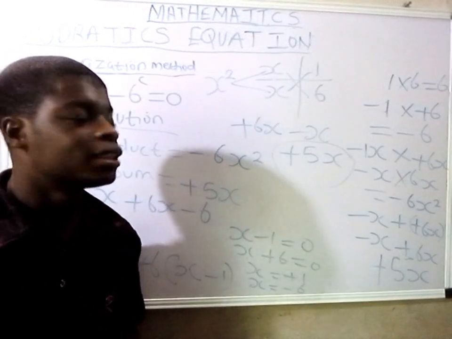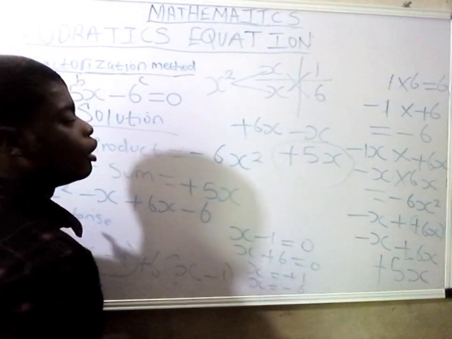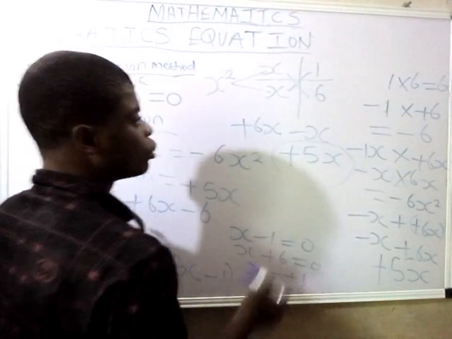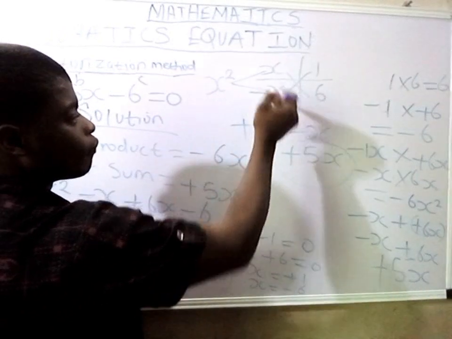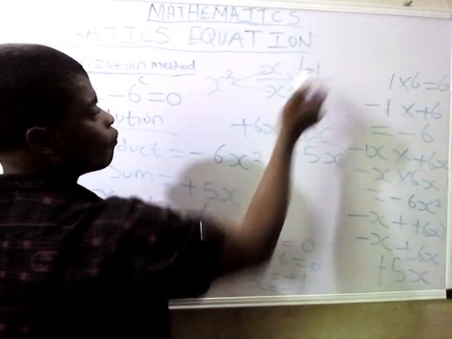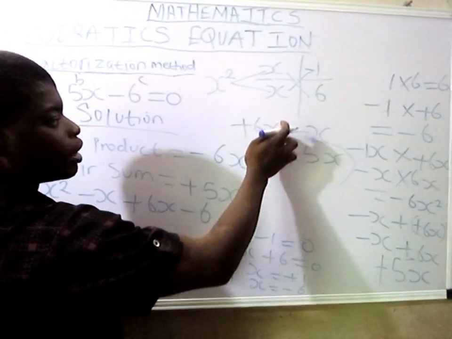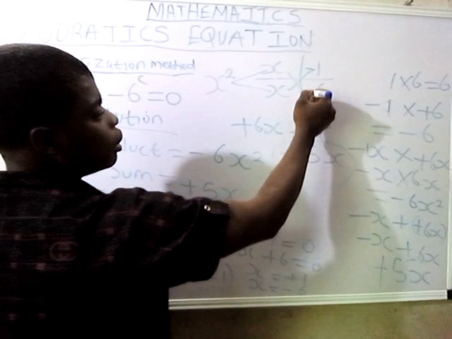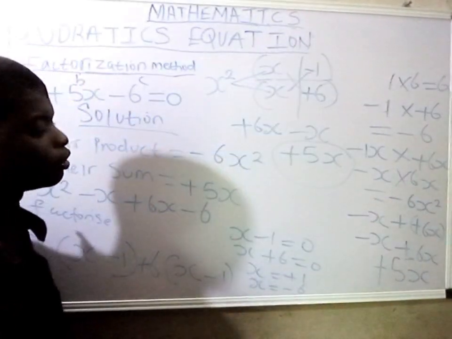So what to do next? How did we get this minus sign? We got this minus x because 1 times x is x. So you put the negative sign here. Then how did we get this addition sign? It was x times 6. So you put the addition sign here. Put it in a bracket. Then you equate it out.